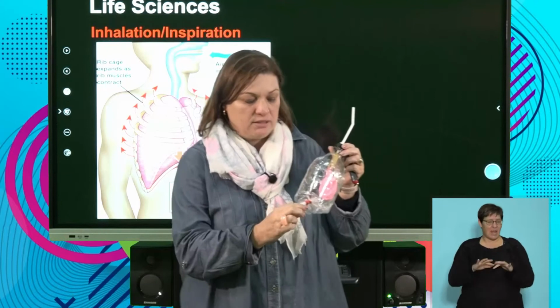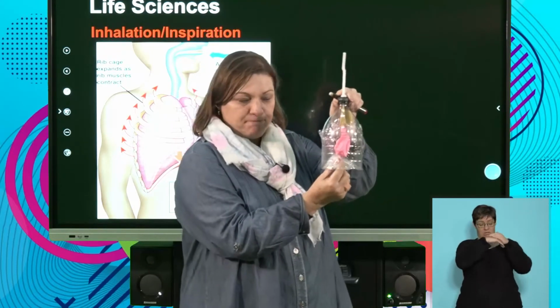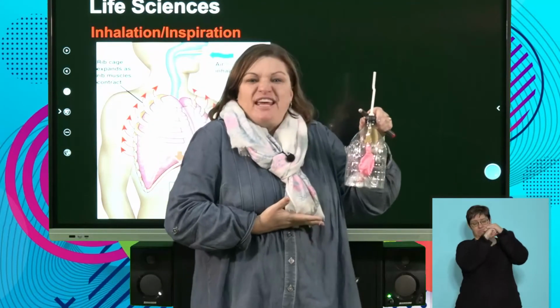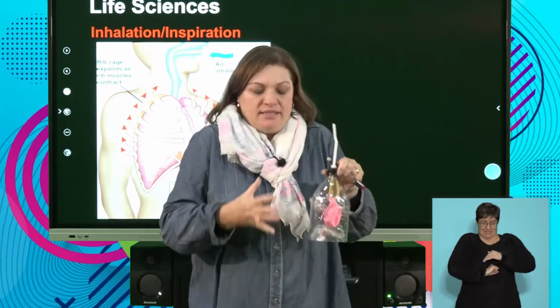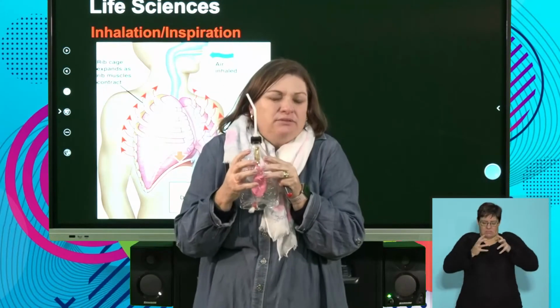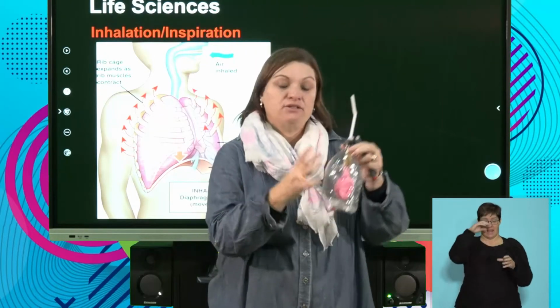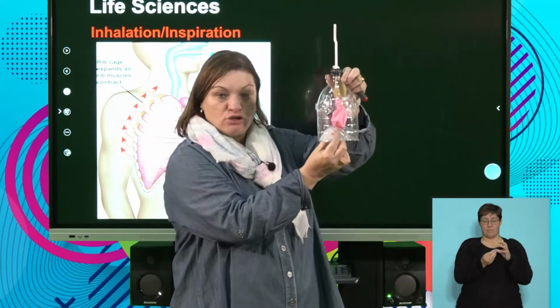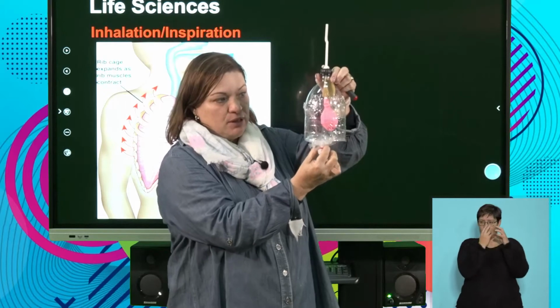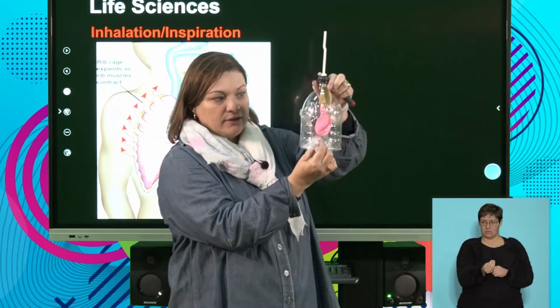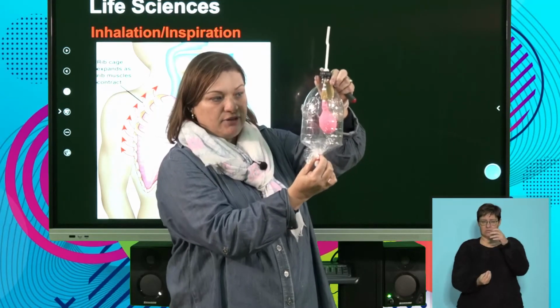How do I do that? Look at my diaphragm, okay? It's pushed in, squeezed, and my ribs are down, squeezed. But now I want to bring air in. So when the diaphragm contracts, it moves. Look at the balloon. Can you have a look there?